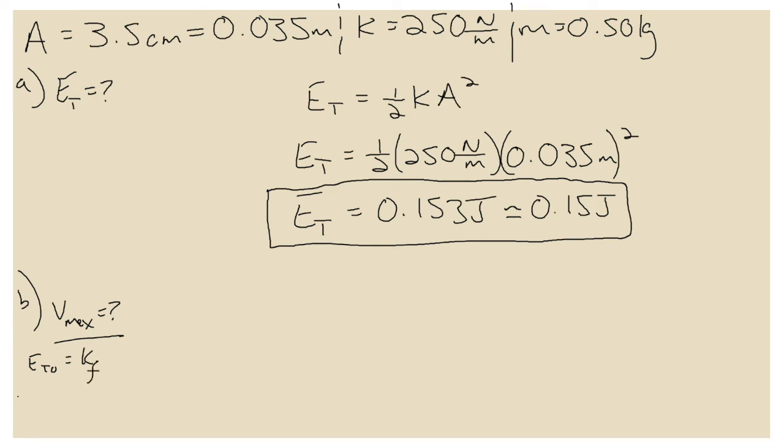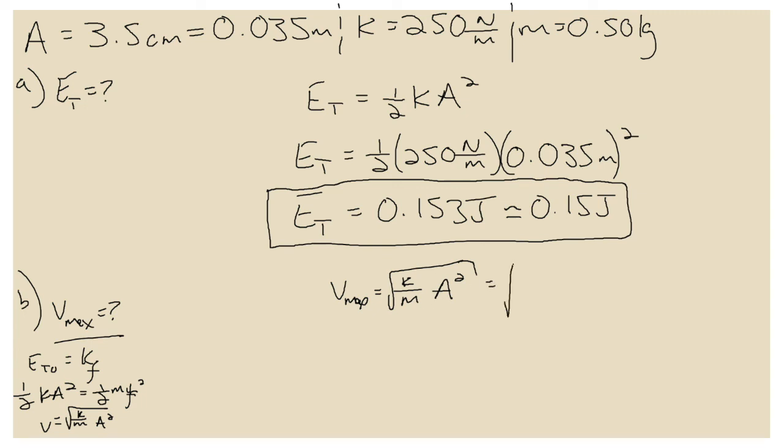And so you could derive it yourself by setting 1/2 k a squared equal to 1/2 m v final squared. When you do that, you end up getting v equals the square root of k over m times a squared. And so that's what we'll start with. We'll say v max here is equal to the square root of k over m times a squared. I think it's a lot easier to use this equation, in my opinion, rather than putting something squared under a radical.